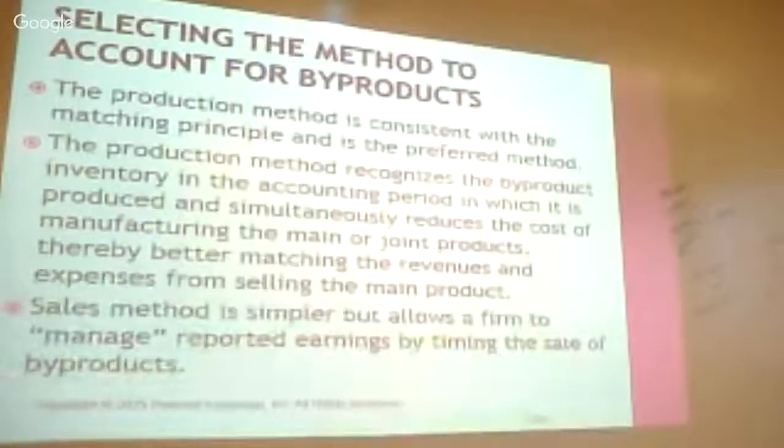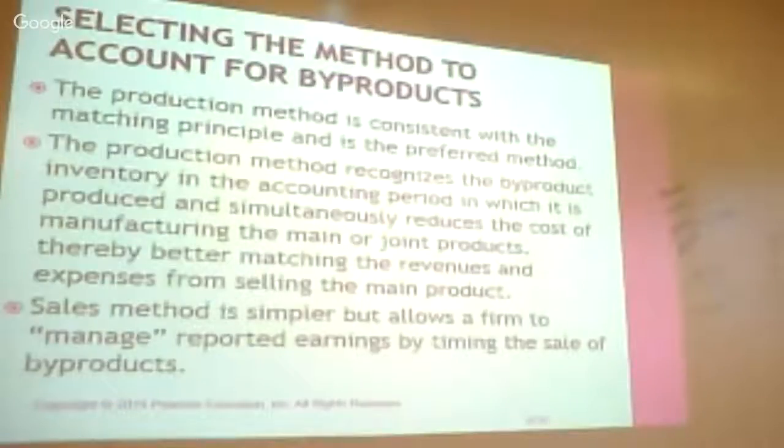The production method recognizes the byproduct inventory in the accounting period in which it is produced and simultaneously reduces the cost of manufacturing the main or joint products, thereby better matching revenues and expenses from selling the main product. So we're backing out the money that we get from the byproduct. That's reducing our total costs.